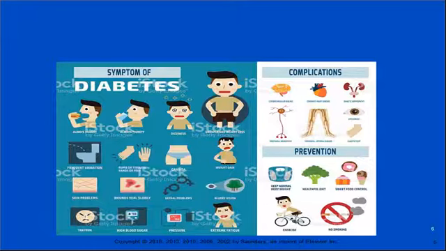This is another slide I put in to list some of the other symptoms that were on the other slide, but it also shows some of the complications, like the diabetic feet because of the sensory loss. You can run into diabetic ulcers.